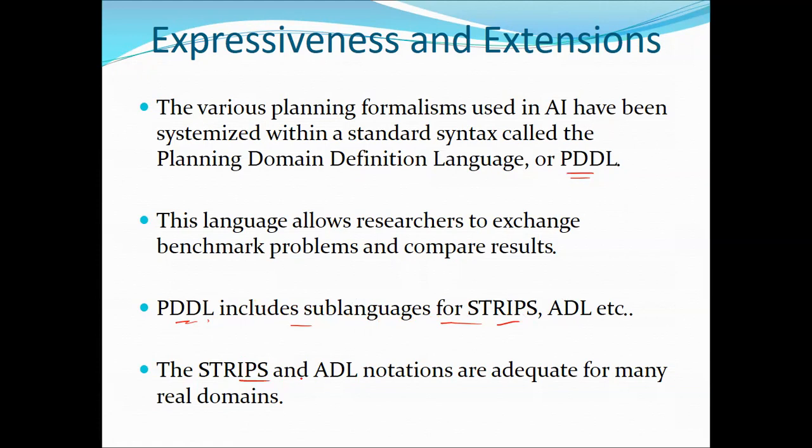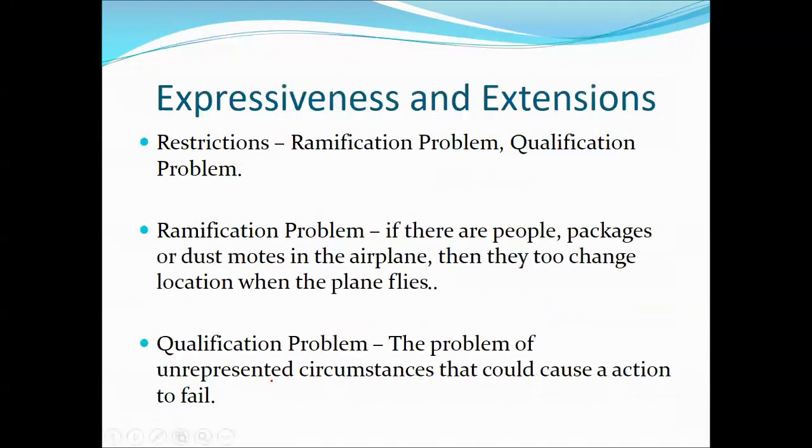But STRIPS and ADL are adequate for many real domain problems, right? So for most of the problems, STRIPS and ADL is enough, but we may face some restrictions with STRIPS and ADL when we encounter ramification problem or qualification problem.